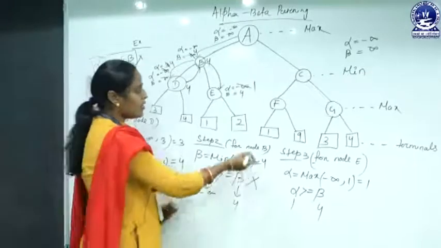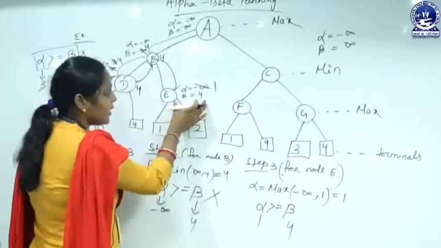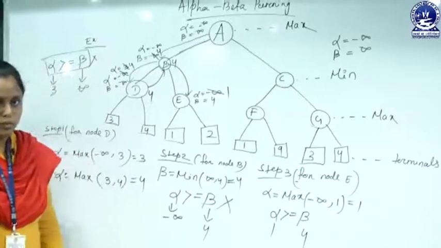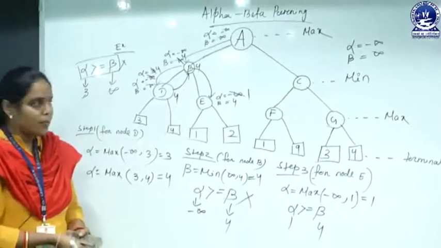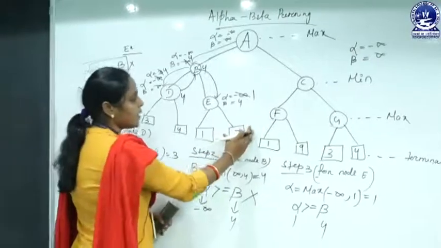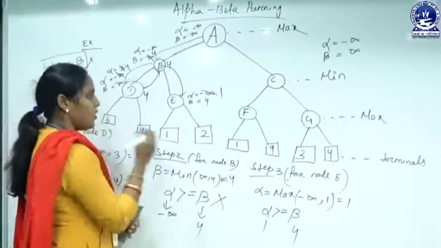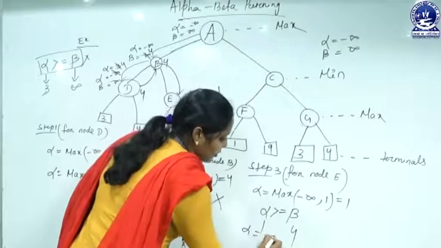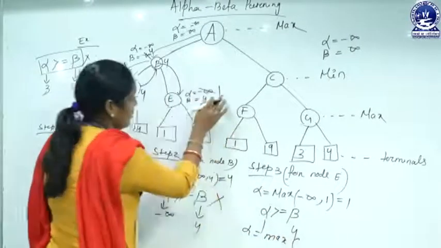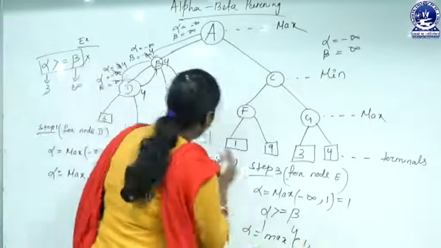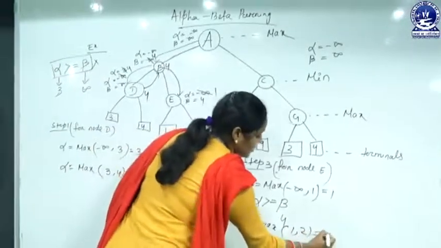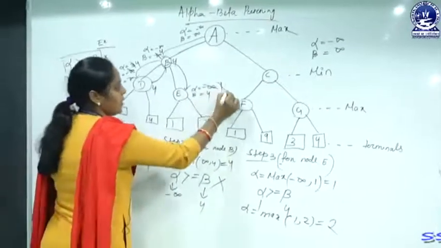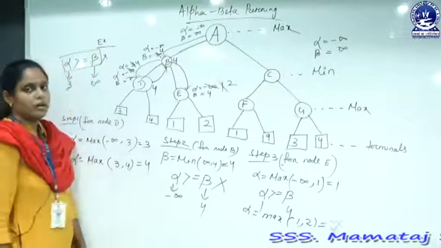That means again we check the next terminal node for updating the alpha value. Here alpha equal to max of 1 comma 2 which is equal to 2. That means here the alpha value is updated as 2.